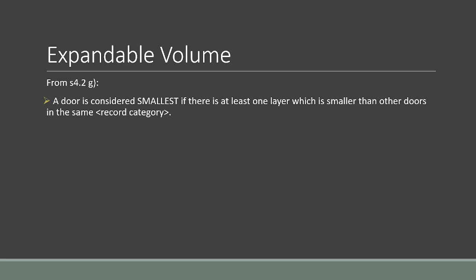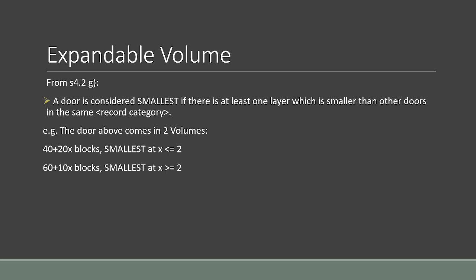So yeah. Now let's give you one example. Let's say there are 2 doors, and of course 2 doors would correspond to 2 volumes basically. And of course, the 2 doors are in the same category. So one door has the volume 40 plus 20x blocks, and then the other door has 60 plus 10x blocks.